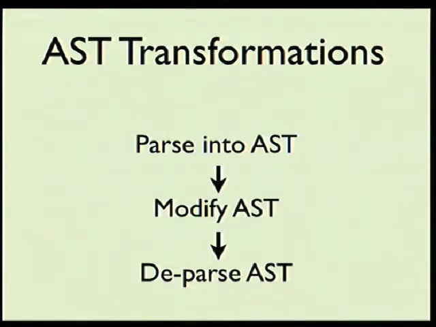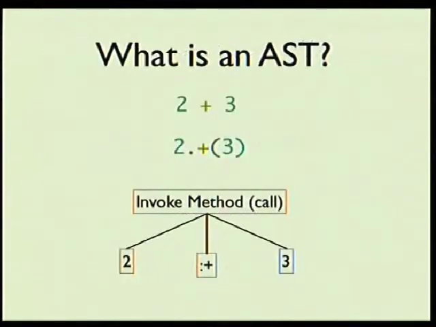And finally, and the most difficult part, once you have that transformed, you can reverse the parsing operation and try to deparse it or pretty print it back out into Ruby. I'm going to go through these 3 different steps, but first, some examples of an AST in Ruby. Now, there are different flavors of AST; every language has its own ASTs.